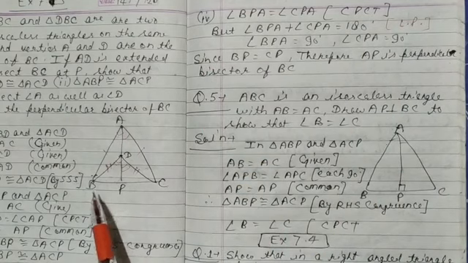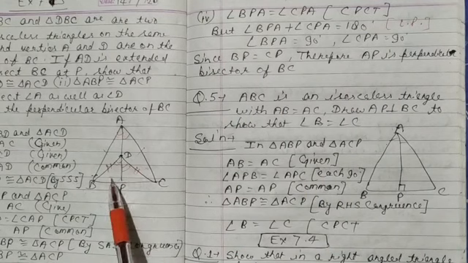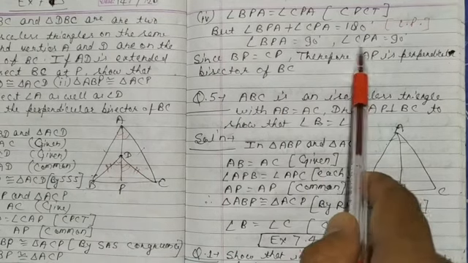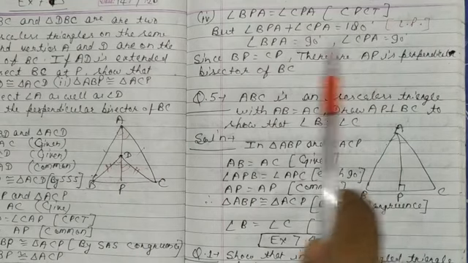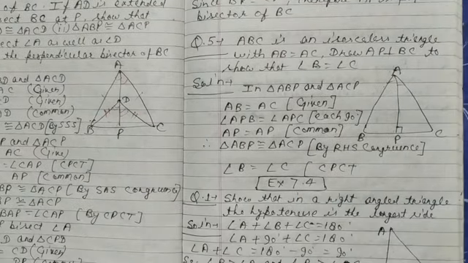Since BP equals CP by CPCT, because both triangles are congruent, and this is an angle of 90 degrees, therefore we can say AP is the perpendicular bisector of BC.